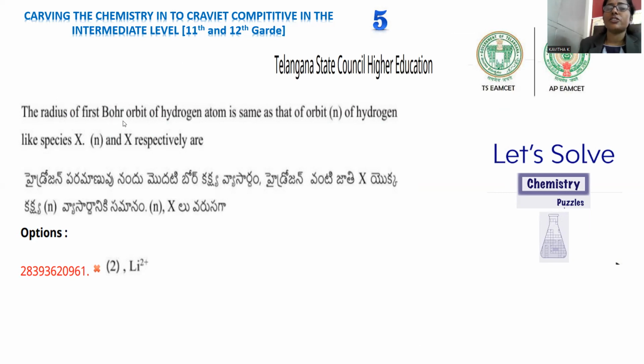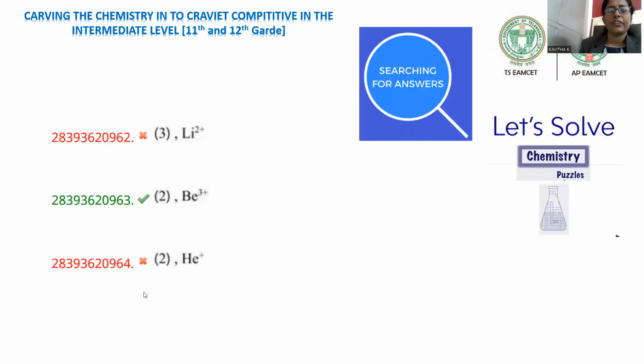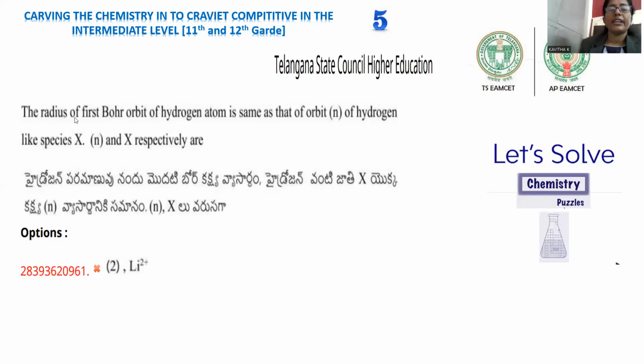The radius of the first Bohr orbit of the hydrogen atom is the same as that of orbit N of a hydrogen-like species X. What species among the given options has the same radius as the first Bohr orbit of hydrogen? We need to predict that.